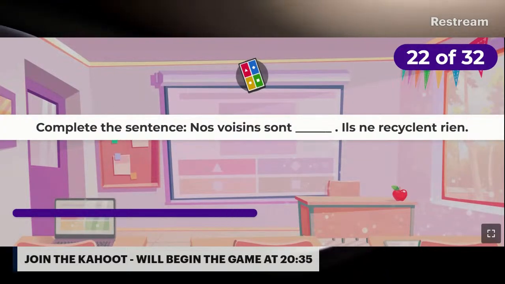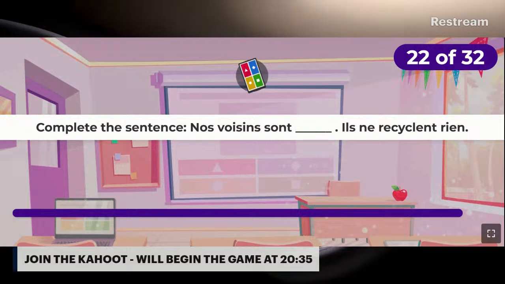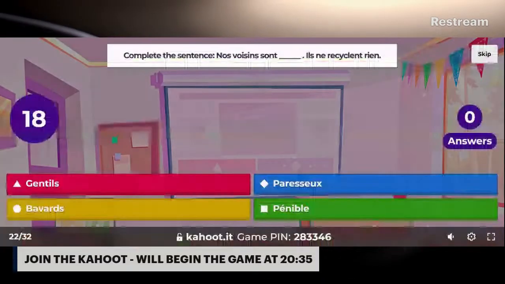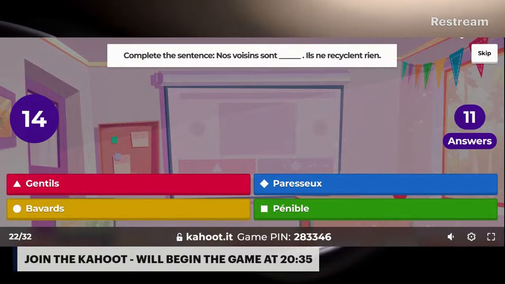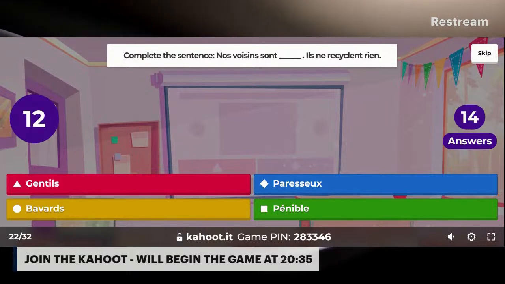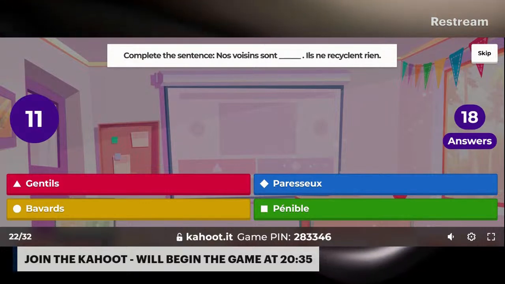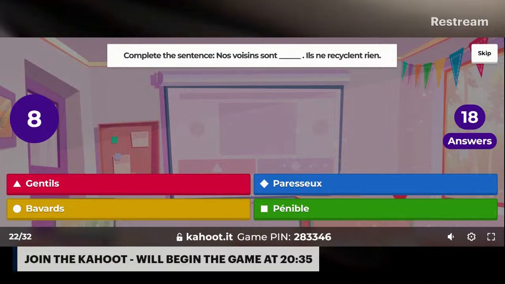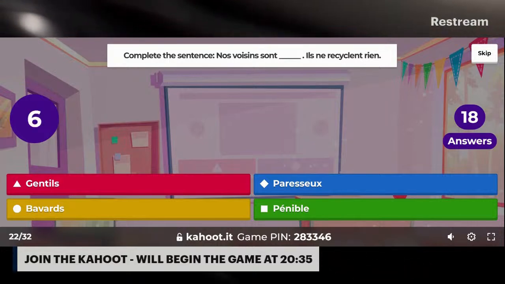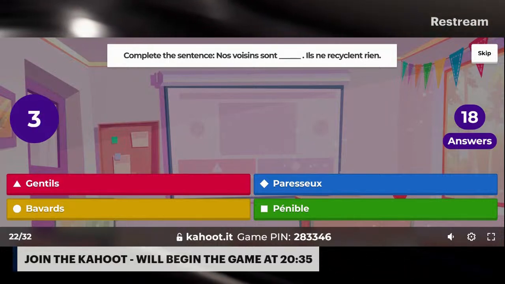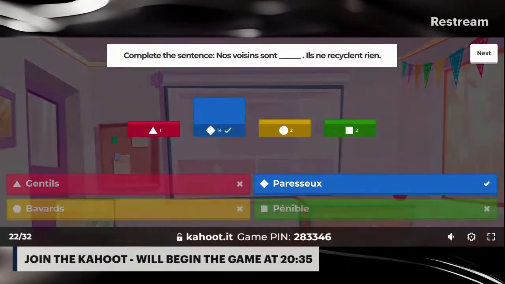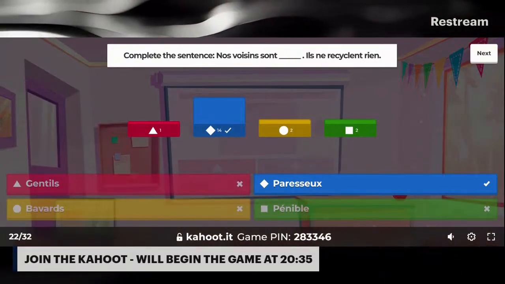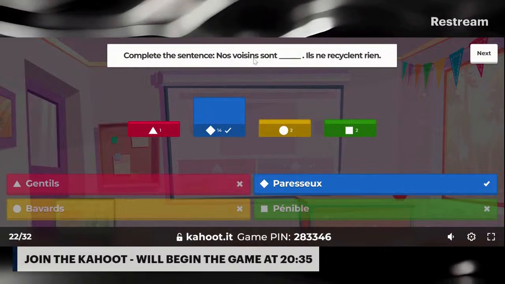Complete the sentence. Nos boissons sont something. Ils ne recyclent rien. So, boissons are neighbors.